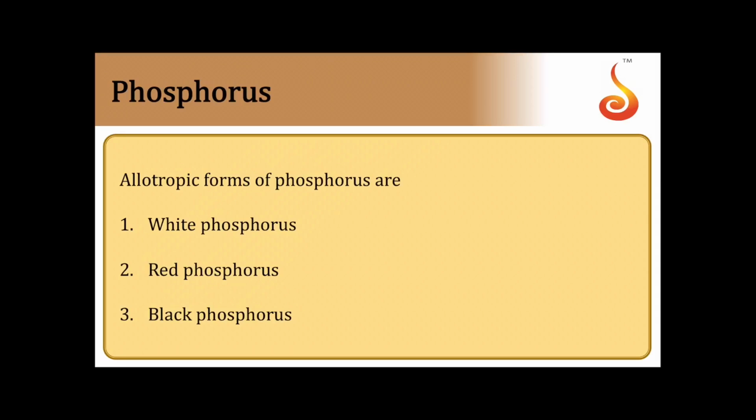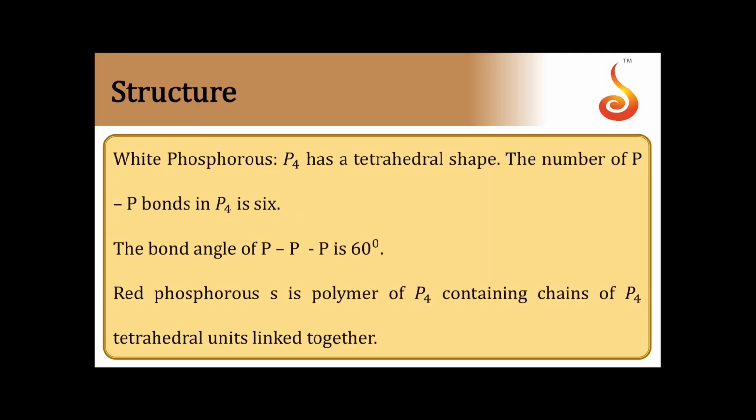Then phosphorus. Phosphorus has three allotropic forms: white phosphorus, red phosphorus and black phosphorus. White phosphorus has individual discrete tetrahedral units with a P4 structure.